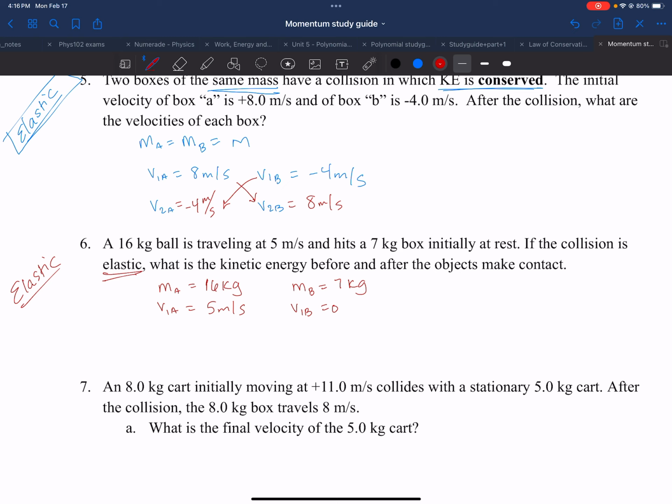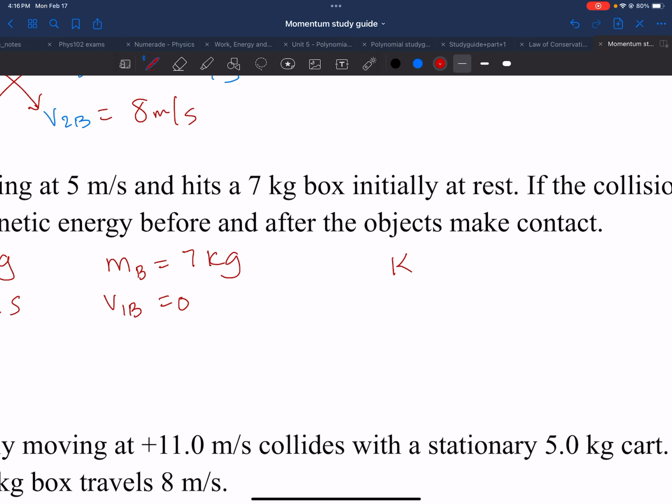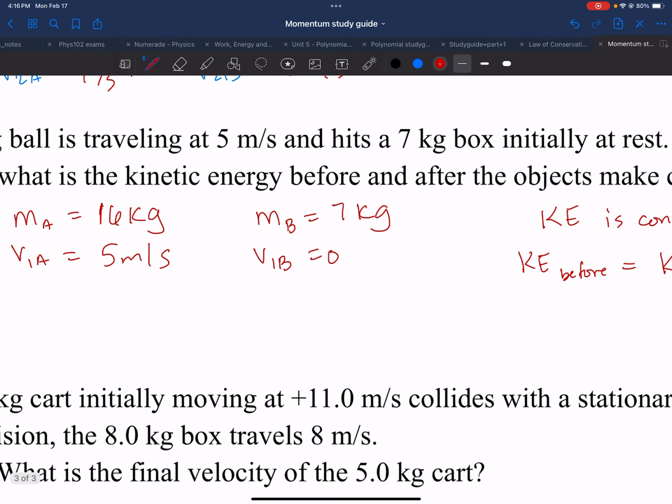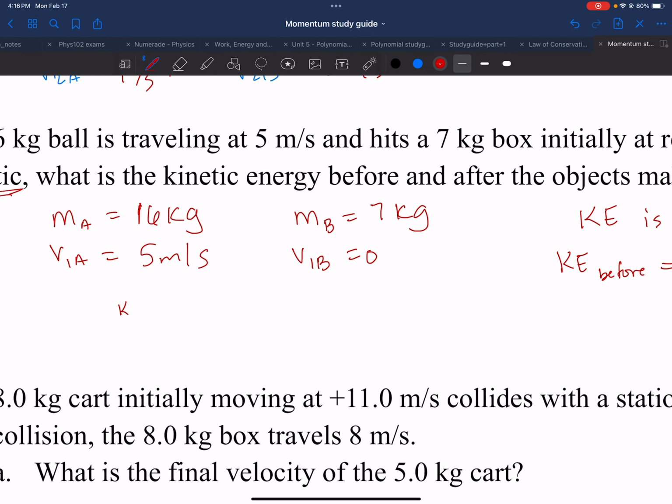Okay, well, couple things. We know that in an elastic collision, kinetic energy is conserved. So the KE before is equal to the KE after. I don't have any of the after stuff, but what I can do is look at the KE before.